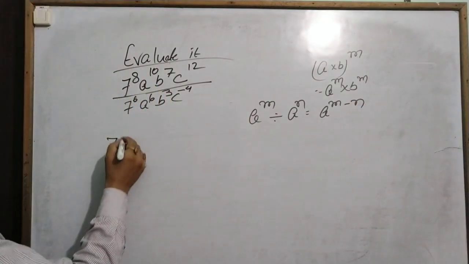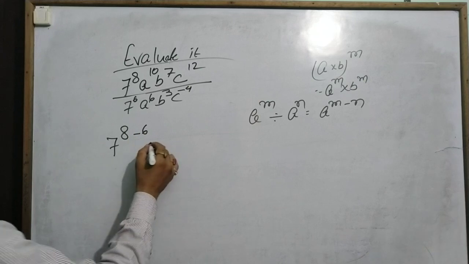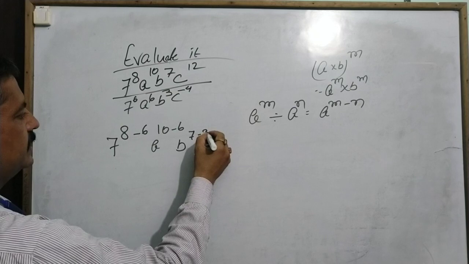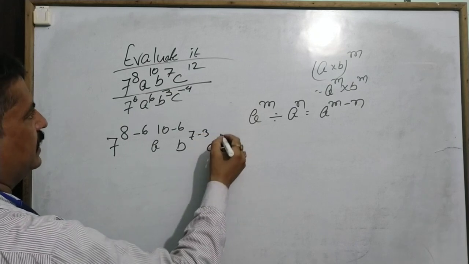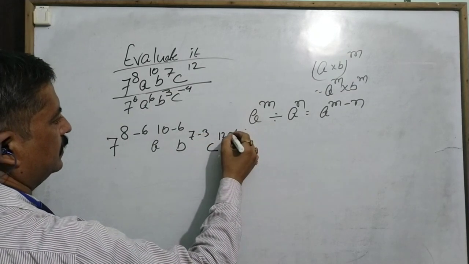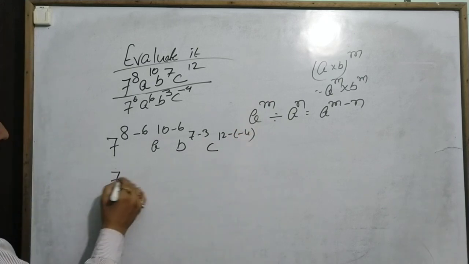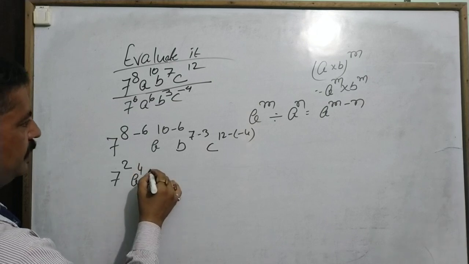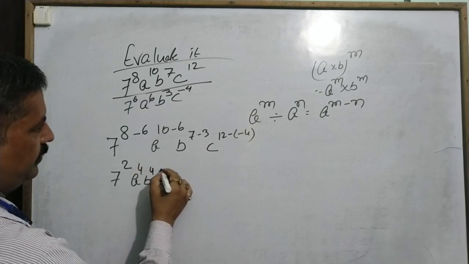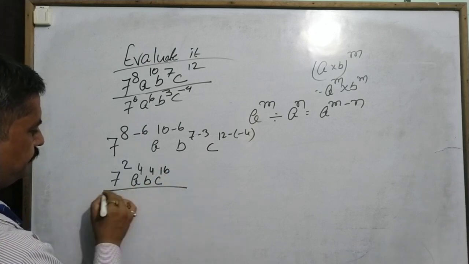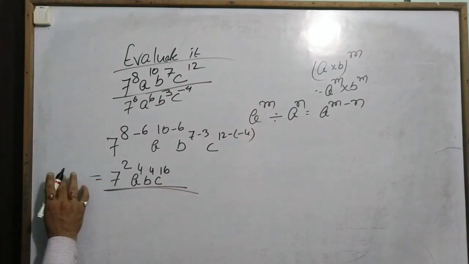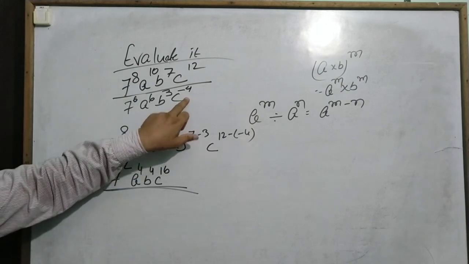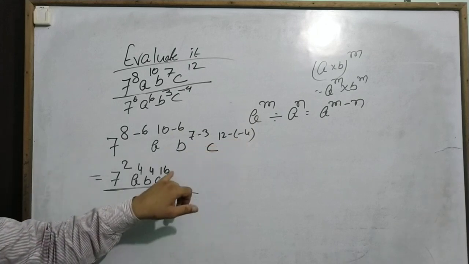So 7 to the power 8 minus 6, a to the power 10 minus 6, b to the power 7 minus 3 and c to the power 12 minus minus 4. So 7 to the power 2, a to the power 4, b to the power 4 and c to the power 16, because they are minus, so minus and minus will be plus.